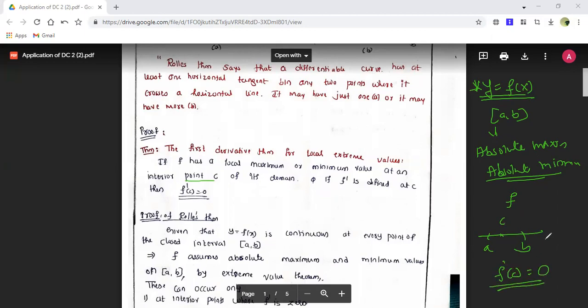So these are the two important theorems which I want to utilize in order to prove Rolle's theorem. Let's begin with the proof.